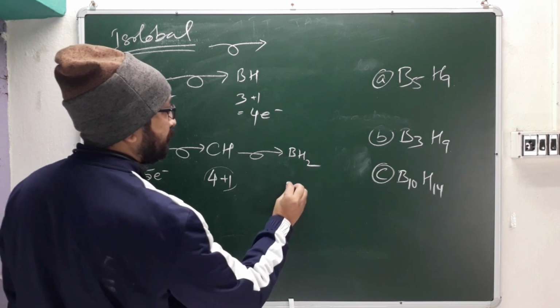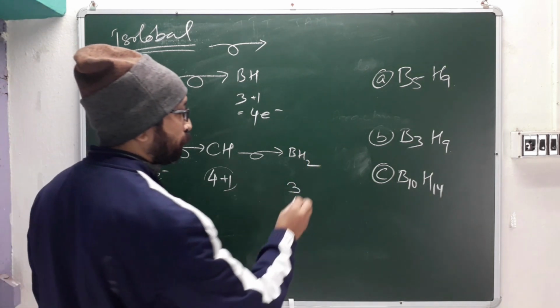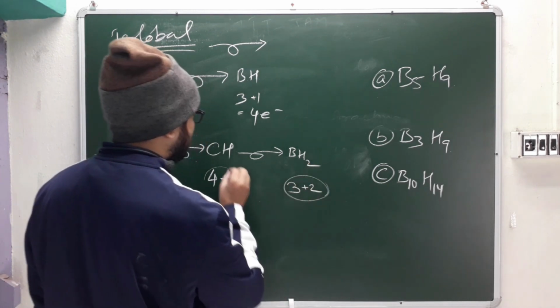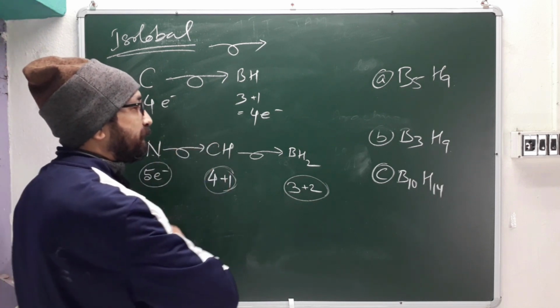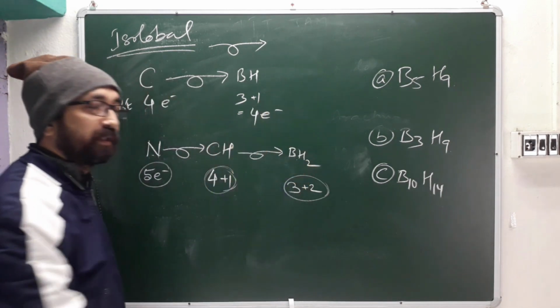Here boron has 3 and each hydrogen has 1, so 1 into 2 is plus 2. Total here also 5 electrons. So nitrogen is isolobal with CH, or nitrogen with BH2, or CH with BH2.